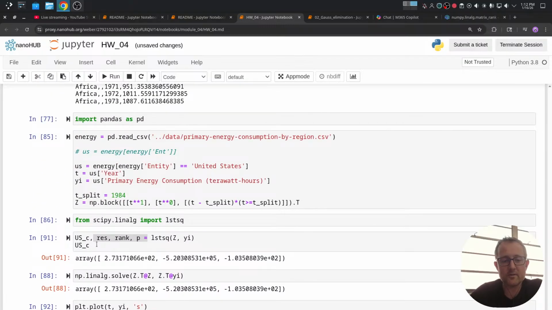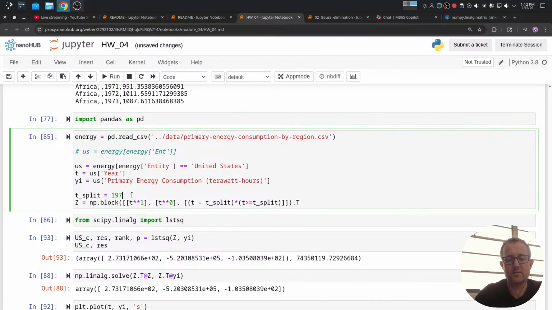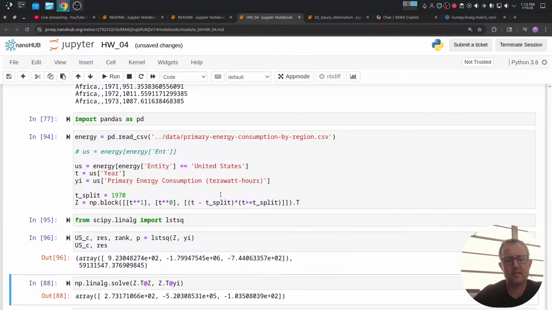If I wanted to, I could also look at the residuals and try to figure out, like, okay, what is the best place to do. So right now it's whatever, 7, 1, 2, 3, 4, 5, 6, 7, so 74 million. Now it's 59 million.